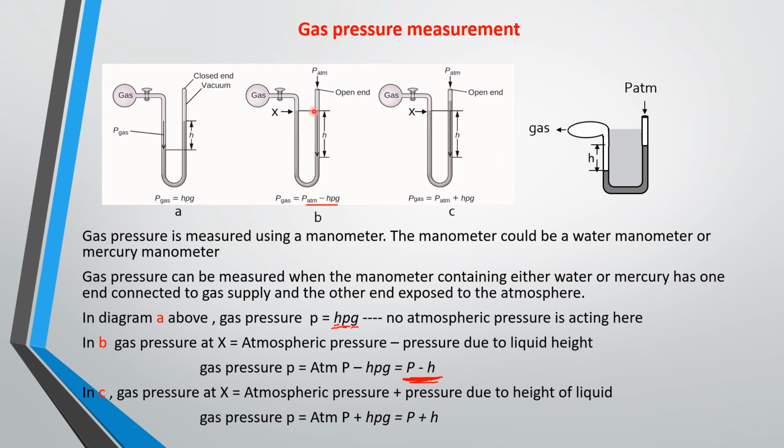Now for this one, the B part, you see that the height of the mercury on this particular arm is lower. So the pressure is acting down to this particular point, and that is why the pressure of the gas equals atmospheric pressure minus the pressure due to this particular height.